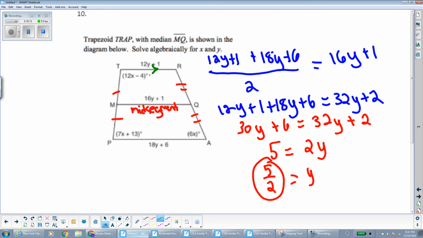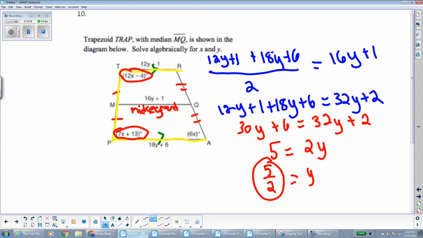So I know in a trapezoid that the bases are parallel to each other. So if I for a second just highlight my parallel bases and any of the transversals that intersect them, either TP or RA, I see that the upper base angle and the bottom base angle right below it are same side interior angles.